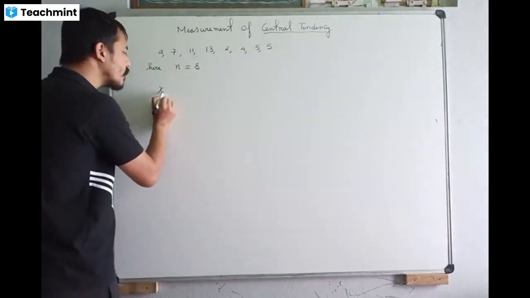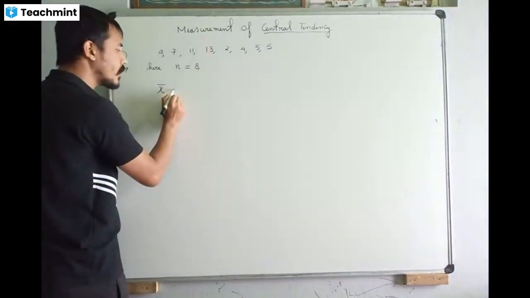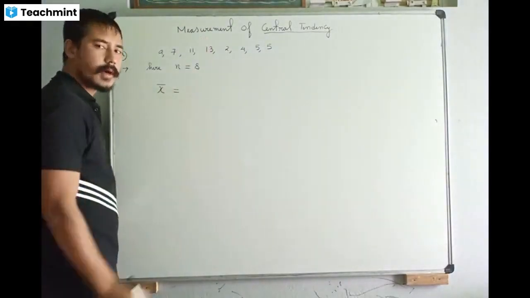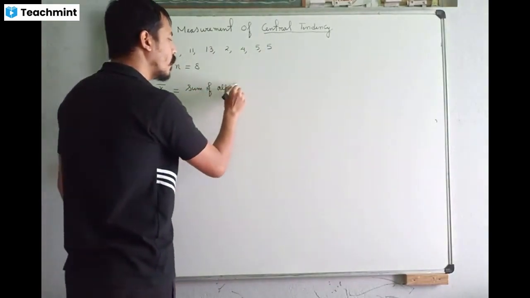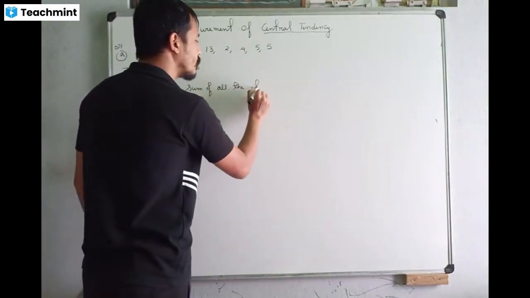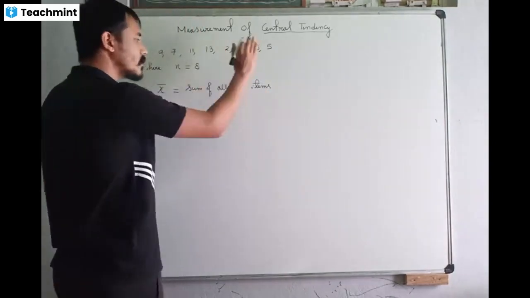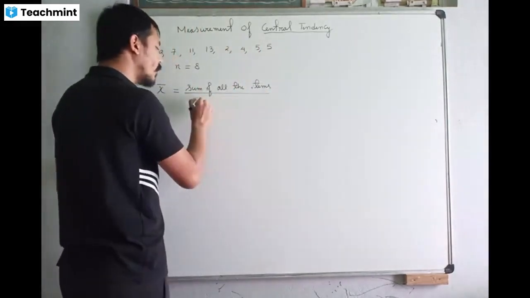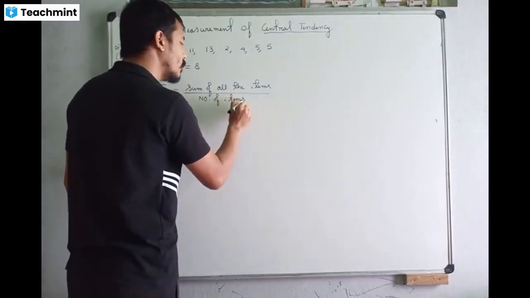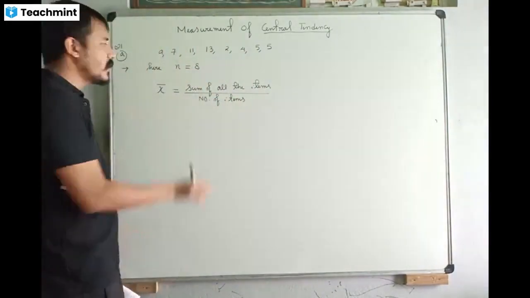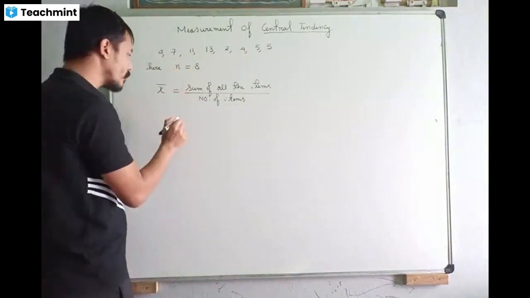So the arithmetic mean of this ungrouped data will be given by the sum of all the items in this series divided by the number of items, which is equal to 8, denoted by small letter n.